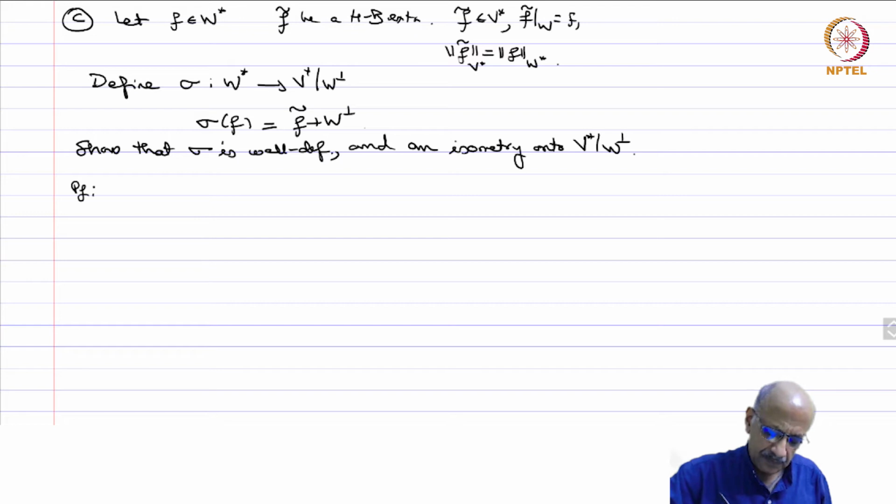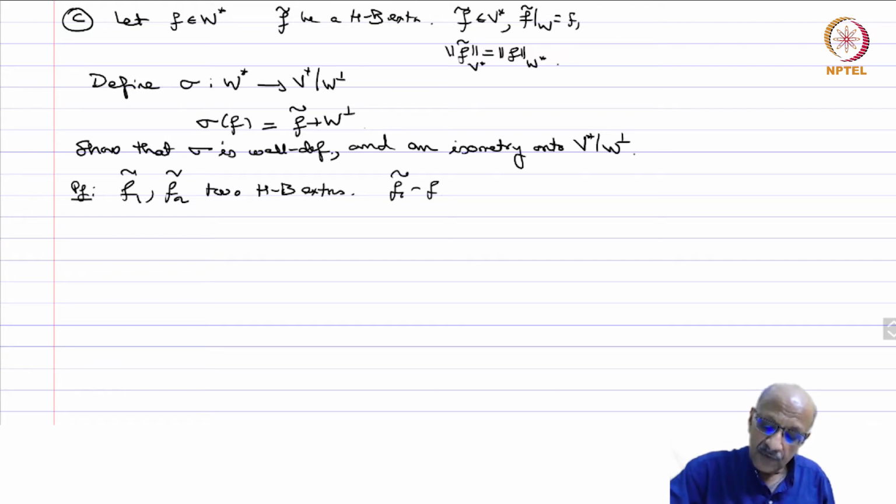Proof. So Hahn-Banach extension is not unique. So if you have f1 tilde, f2 tilde, two Hahn-Banach extensions, that means they agree on W. So f1 tilde minus f2 tilde belongs to W perp.